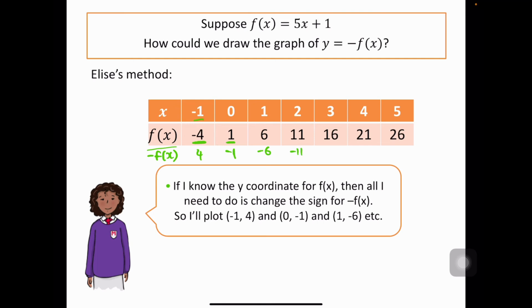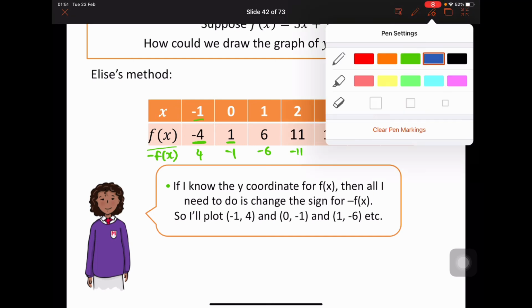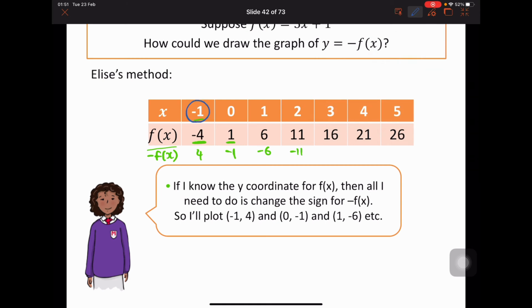So now her x and y coordinates will be this and this, this and this, and so on and so forth.